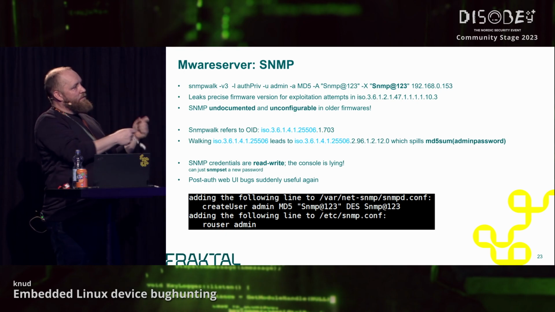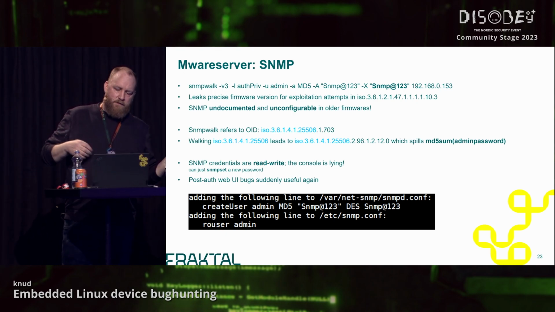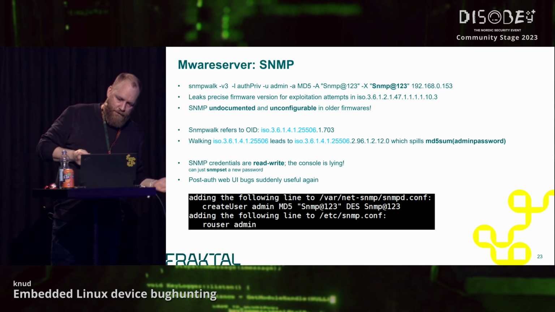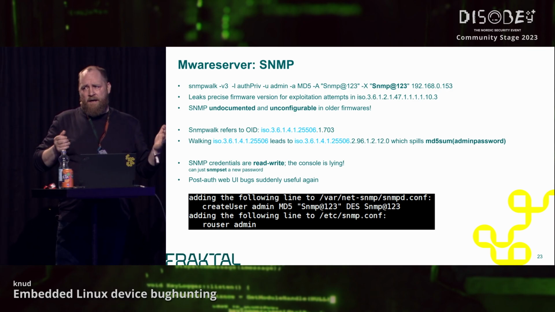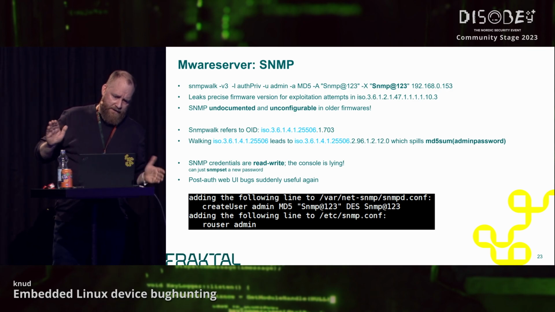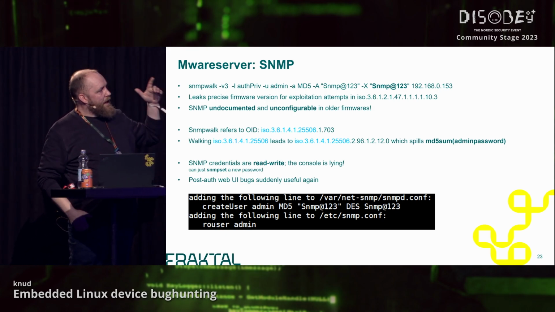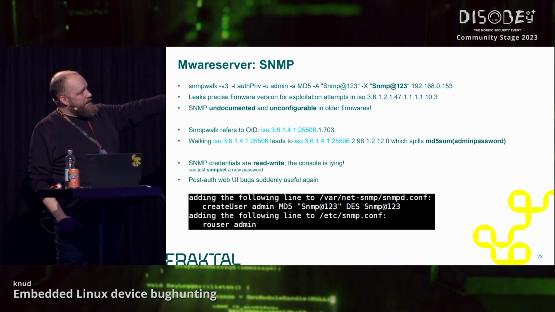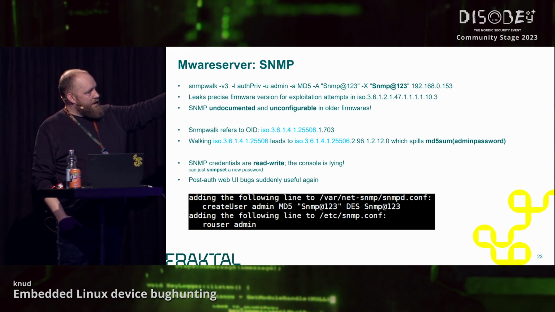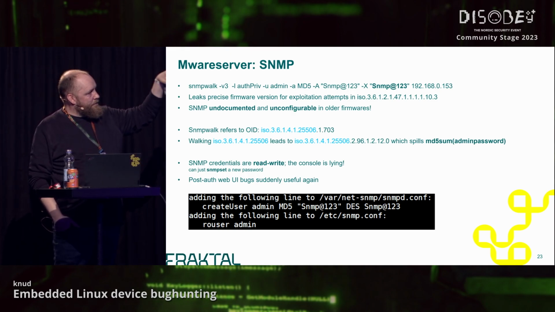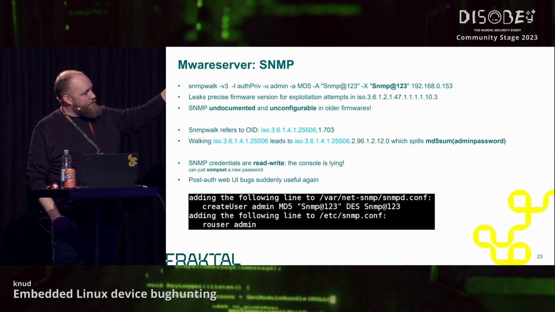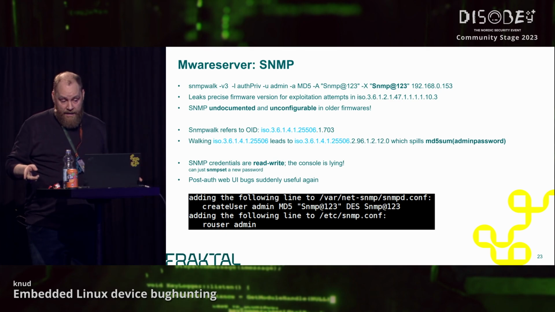to something else, which will give you the admin user or the MD5 sum of the admin password. And that is not a part of the Net-SNMP source code, I can tell you that much. If you look at the console, it at some point says that it is adding a read-only user to the SNMP config. That's a lie.